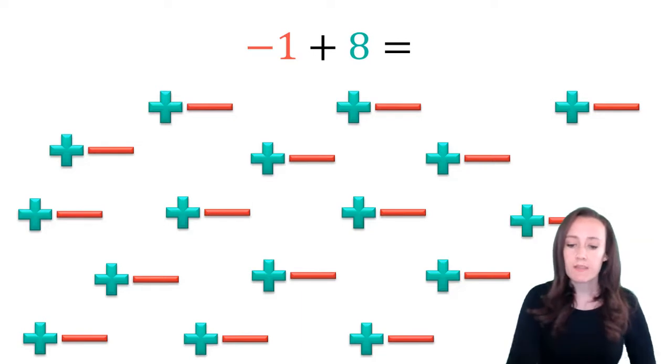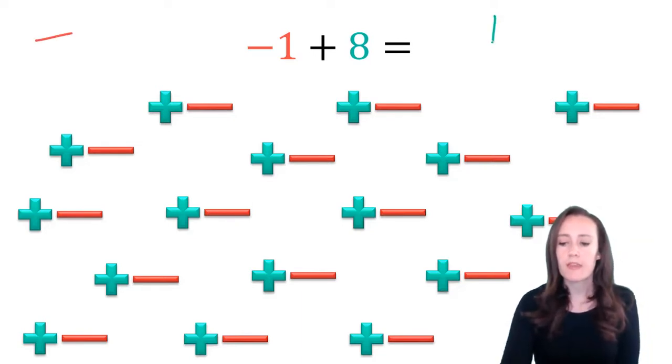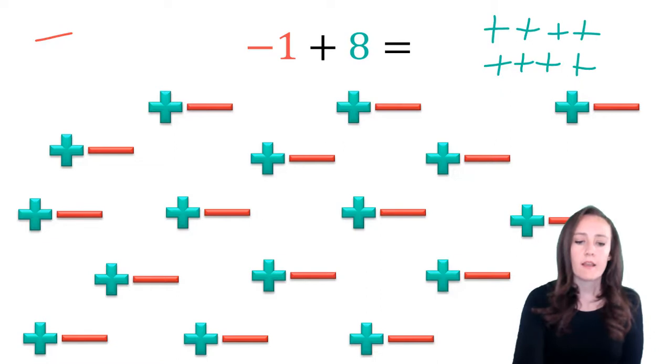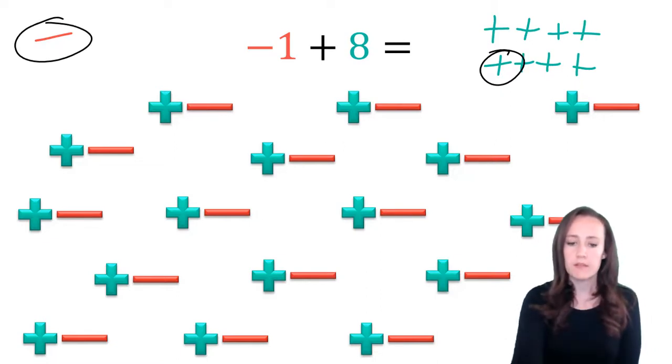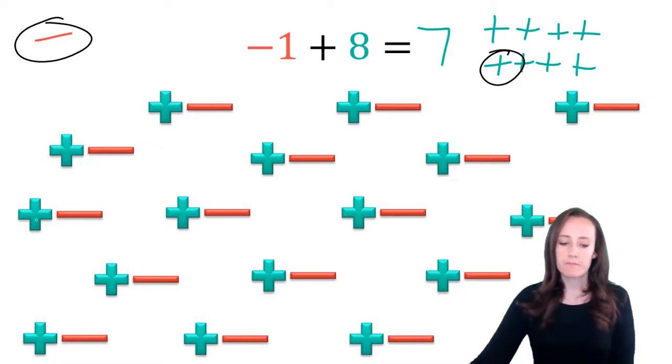I could get something like this where I have a negative charge plus 8 positive charges, and most of those positive charges are going to stay, except one of them is going to neutralize with that negatively charged one, giving me an answer of positive 7.